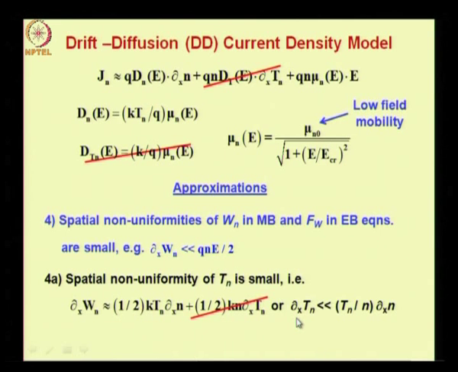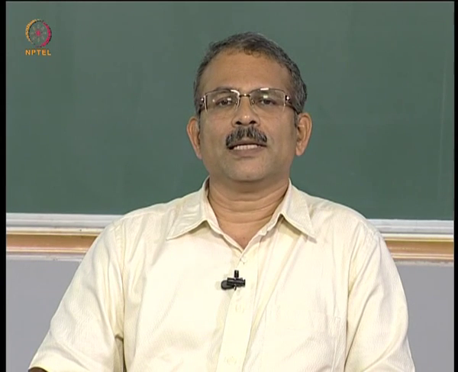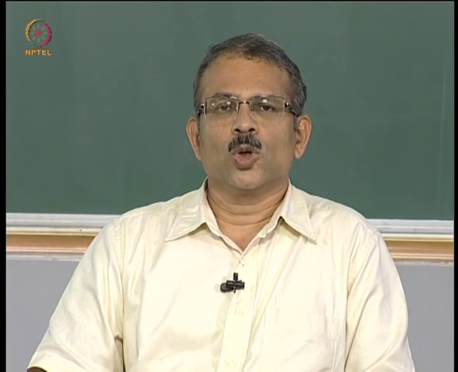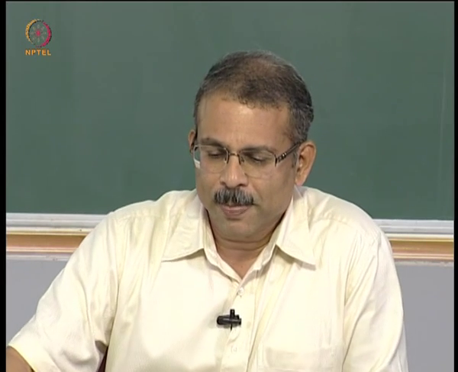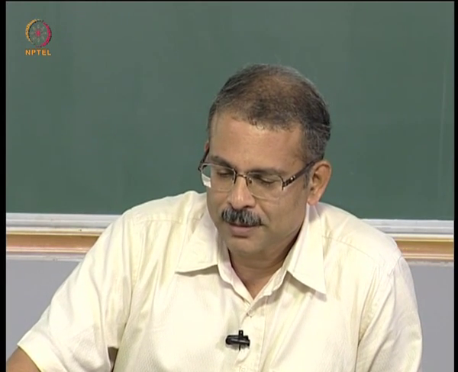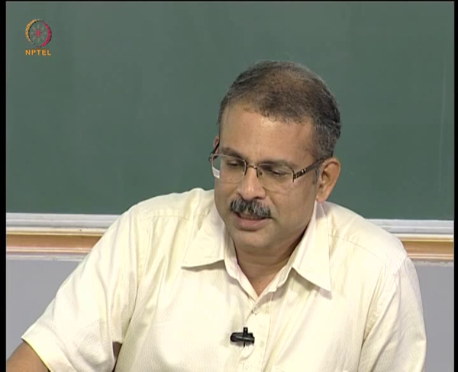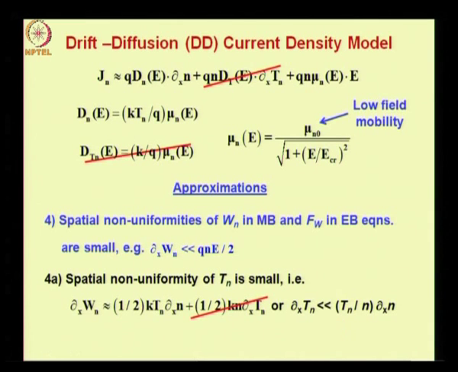In other words, ∂Tn/∂x is much less than (Tn/n)(∂n/∂x). So, you see again here that it is not necessary that the gradient of the temperature should be 0, so long as it satisfies this inequality that we have shown here, that is sufficient for the drift diffusion model.